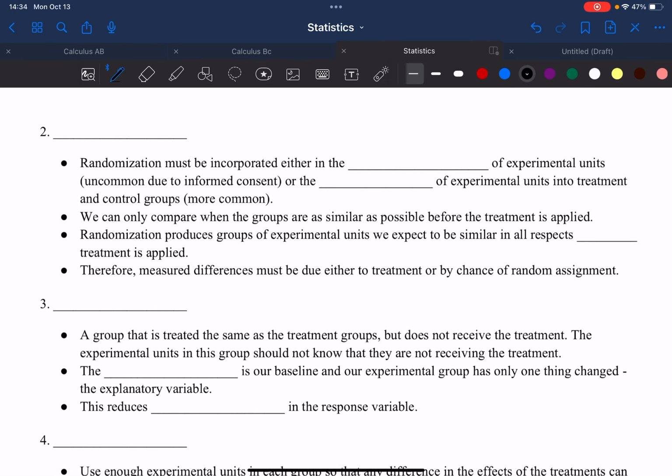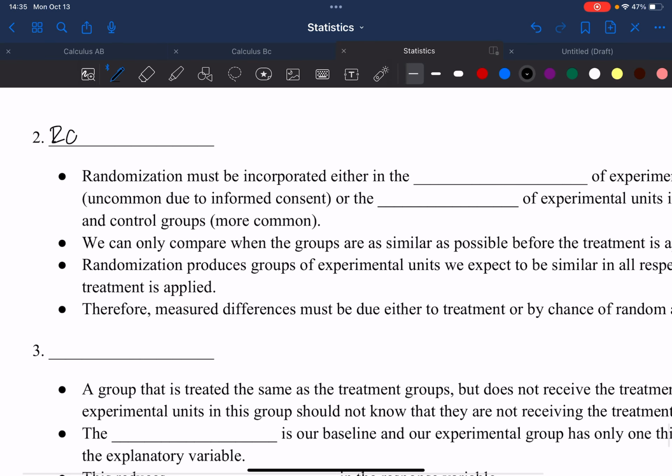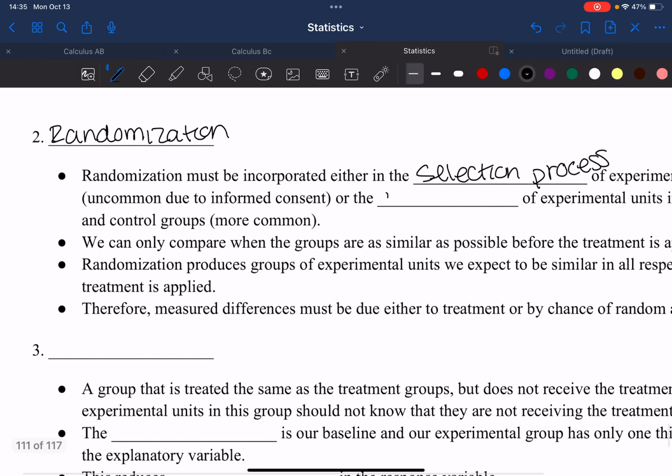The next one is randomization. Randomization must be incorporated either in the selection process of the experimental units or in the distribution of experimental units.